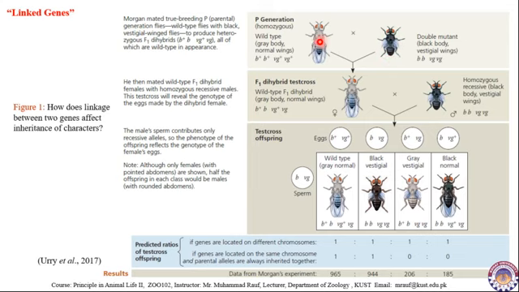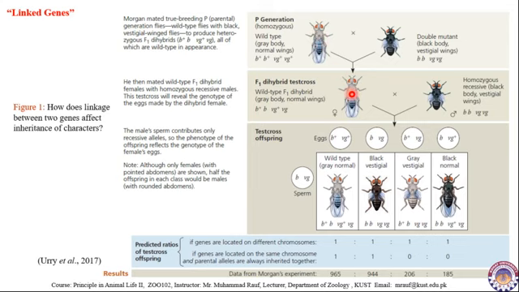So he crossed these two flies. It was a dihybrid cross where the inheritance of two characters was under investigation, and he achieved F1 hybrids. Now it was a typical Mendelian result where the F1 hybrids showed the phenotype of the dominant parent.